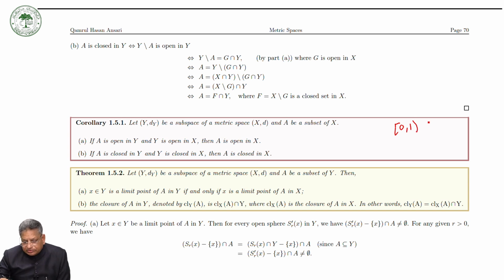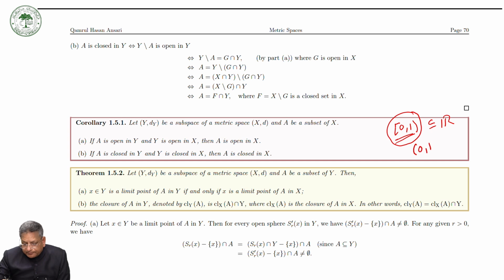This is a subset of R, but it is not an open set in R. But if we consider this as a whole space, then, as every whole space is open as well as closed, it is open as well as closed. But as a subset of R, it is not open.